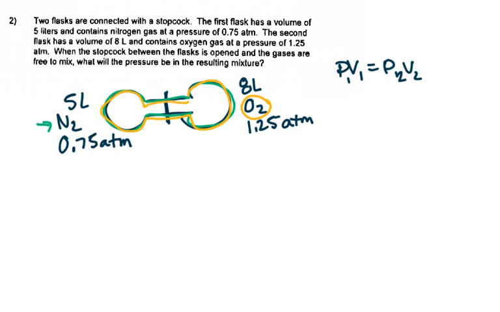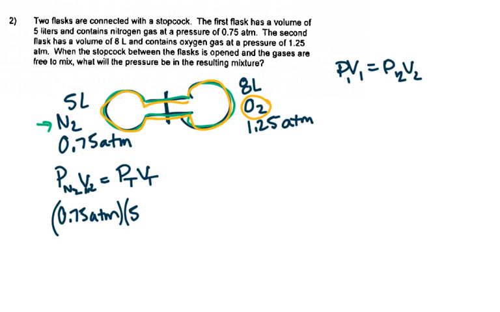So how we're going to solve that is we're going to say P N2 V N2 is going to equal P total V total. So my pressure of my N2 is 0.75 atm. I'm going to multiply that by the volume of my N2, which is 5 liters. I don't know my pressure total, but I do know my total volume.